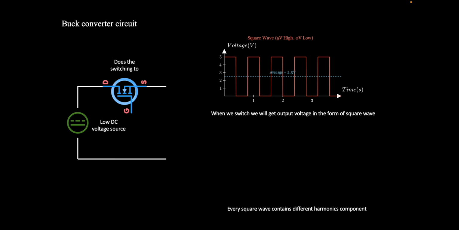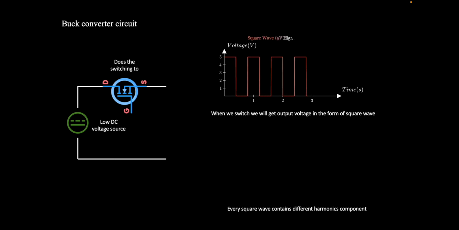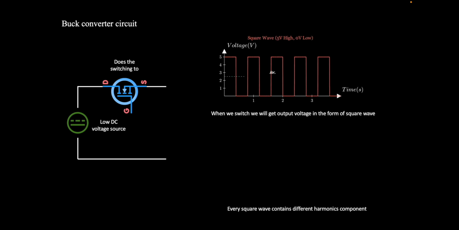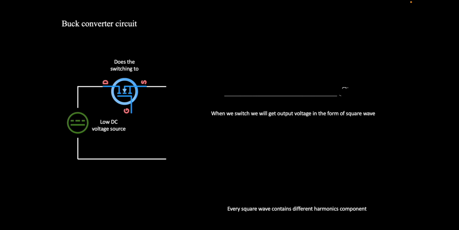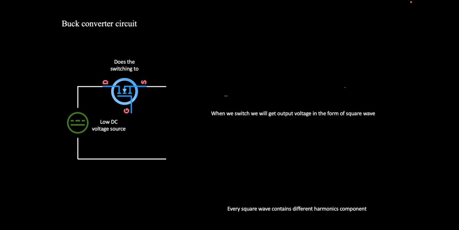Whenever you turn on the switch, the switch gives a 5 volt output, and whenever you turn off the switch, you get 0 volt as the output. So the fluctuation is happening between 5 volt and 0 volt. But if you find the average of the waveform, you will find it at 2.5 volt.